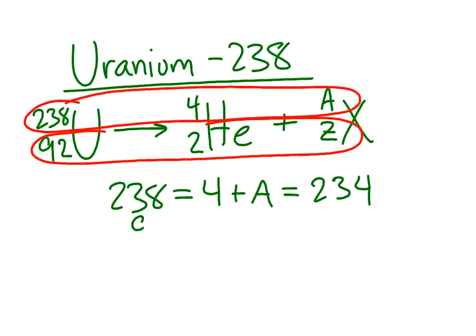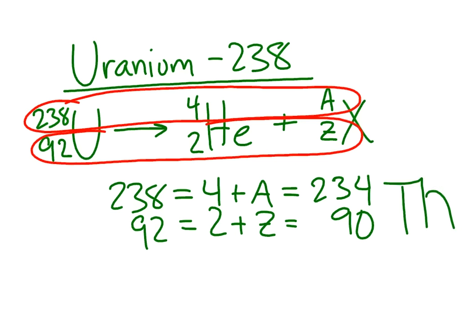I know that 92 equals 2 plus Z. So what does Z equal? Z equals 90. Right? Well, I can look at the periodic table and see that 90 is thorium. This would be the other product of the alpha decay of uranium-238.